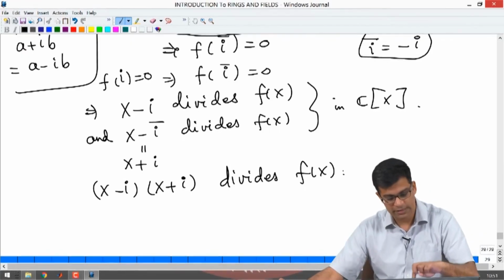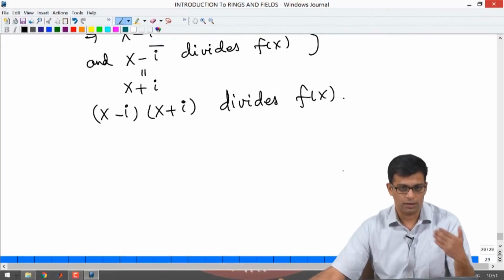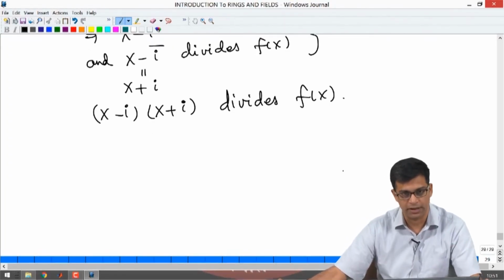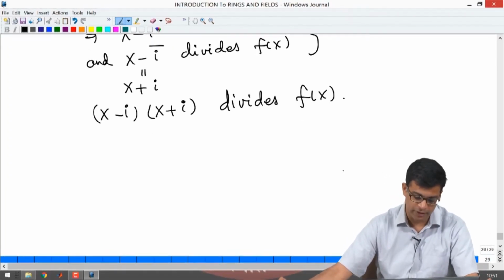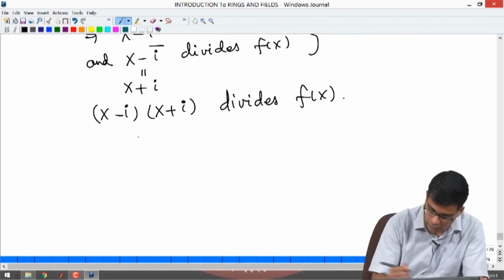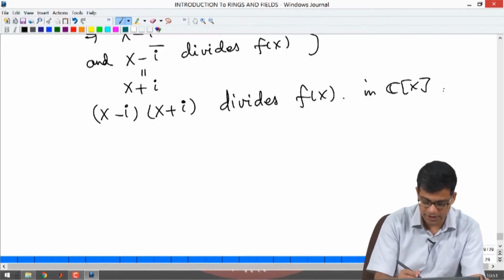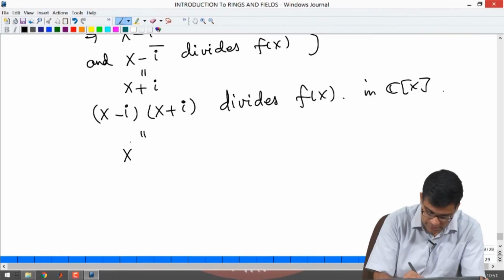Okay, so, because x minus i and x plus i have no factors in common, a point that I will mention again when we talk about unique factorization domains, x minus i times x plus i divides f of x in C[x], but x minus i times x plus i is actually equal to x squared plus 1.